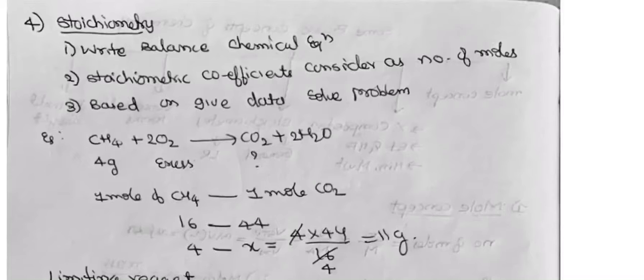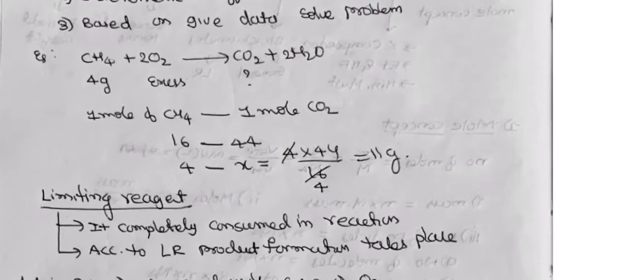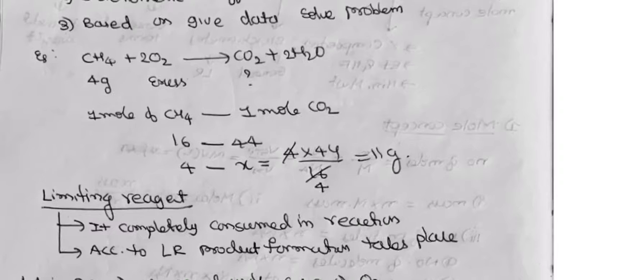Next, stoichiometric questions we can solve by using the formulas. First you have to write the balanced chemical reaction, and use the stoichiometric coefficients as the number of moles, and based on the given information, solve the problem. Let us take one question: 4 grams of CH4 reacted with excess of oxygen, how much carbon dioxide is produced? If I take 1 mole of the compound, I will get 1 mole of CO2.